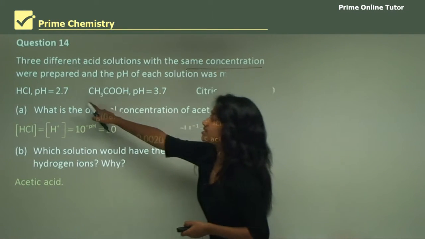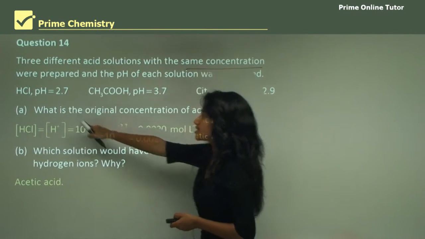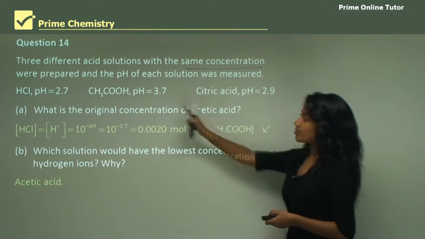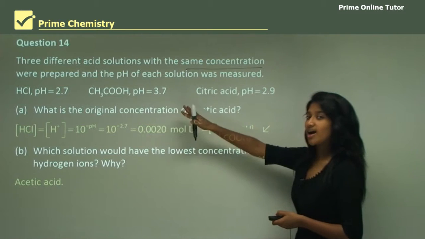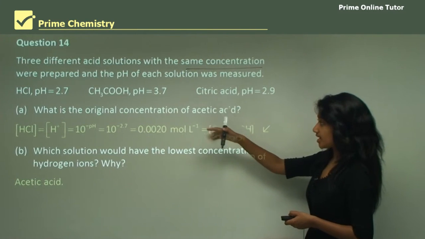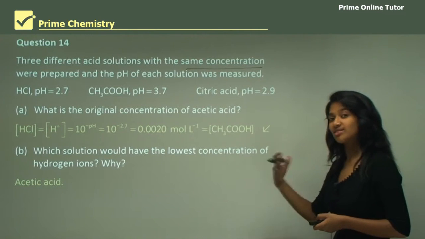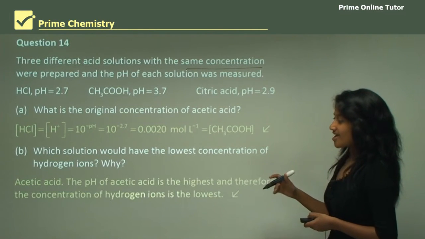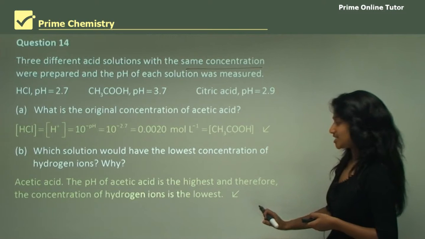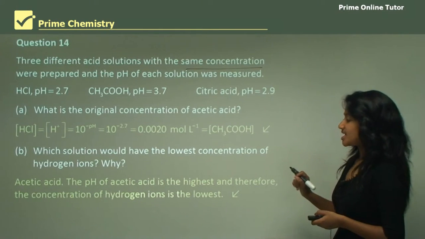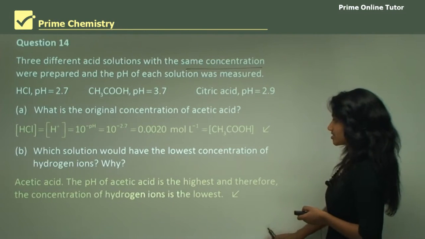Because look at these pHs: 2.7, 3.7, and 2.9. Now 3.7, which is acetic acid, has the highest pH, meaning that the hydrogen ion concentration is the lowest when there's a highest pH. The pH of acetic acid is the highest, and therefore the concentration of the hydrogen ions is the lowest. And that's your answer there.